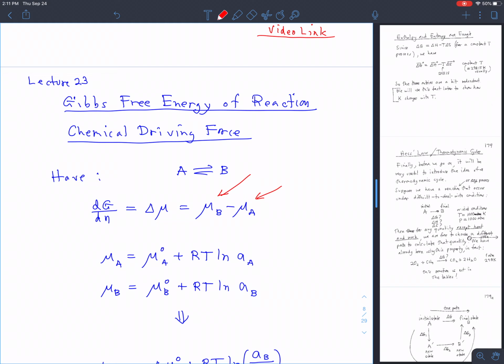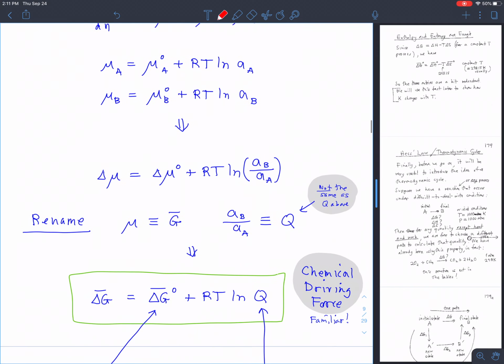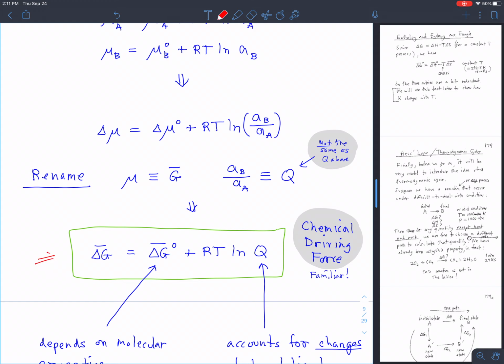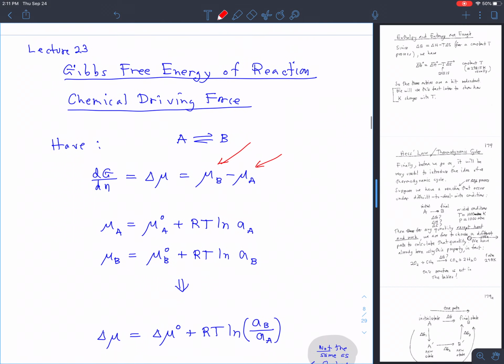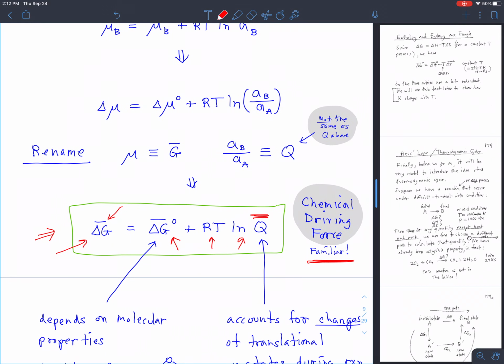What we're going to get to is this relationship down here, which should look familiar from freshman chemistry and probably from other classes as well: the change in molar Gibbs free energy for a chemical reaction is equal to some standard state change in Gibbs free energy plus RT times the logarithm of this reaction quotient. Again, that reaction quotient is not the same thing as the partition function up above, and we'll talk about that. We're going to derive it first for the simple case, and then we'll derive it for the more complicated case.